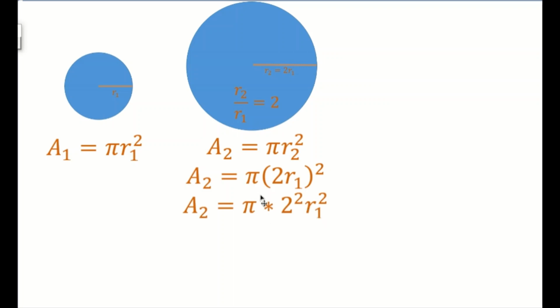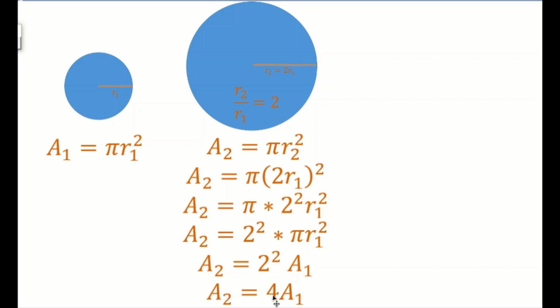So it's pi times both of them squared, which if you rearrange this, 2 squared times pi times r1 squared, that's the area of the first circle. So the area of the second circle is not 2 times the area of the first circle, it's 2 squared times the area of the first circle, or in this case, 4 times the area of the first circle.